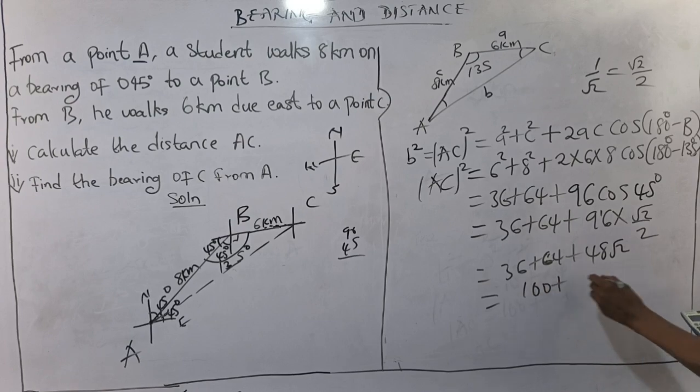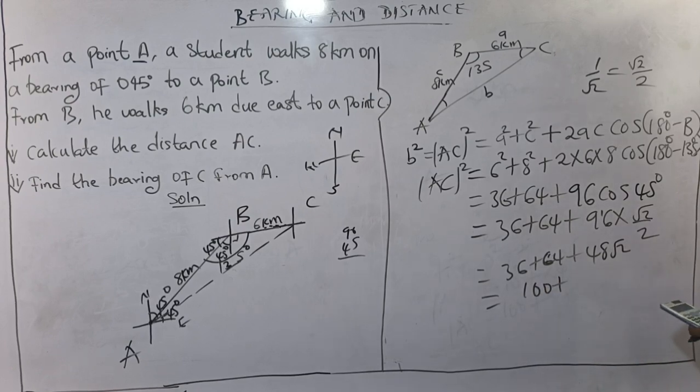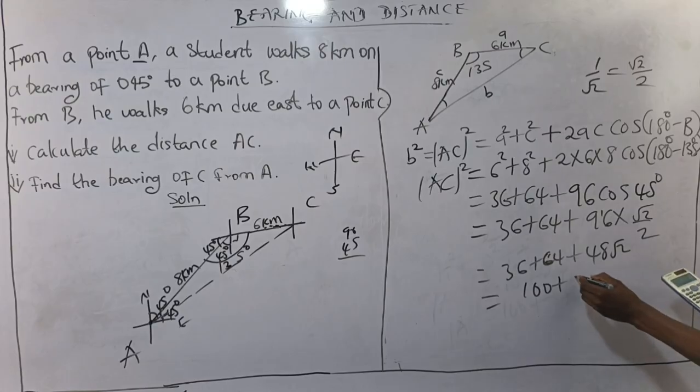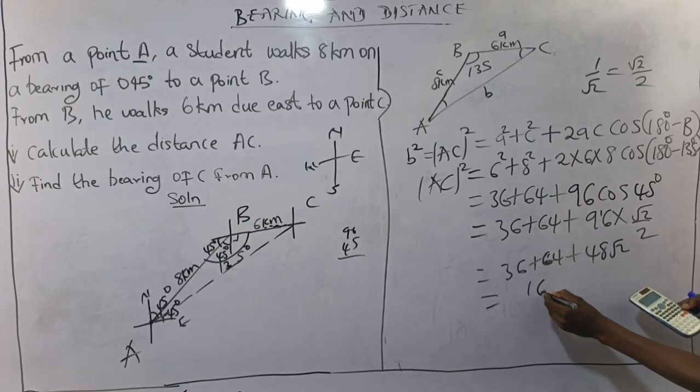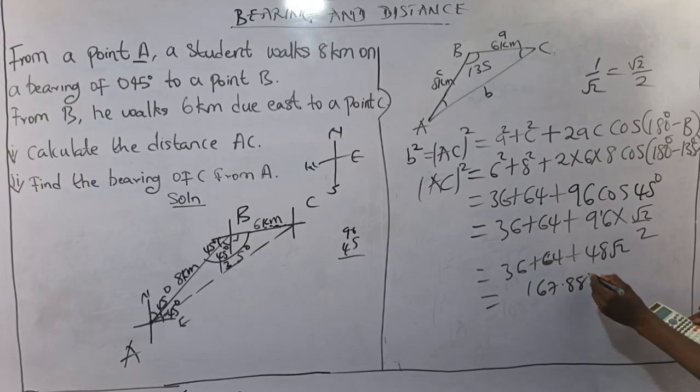This 100 plus 48 root 2 gives me 67.88. So I'll say plus 100 will give me 167.88.